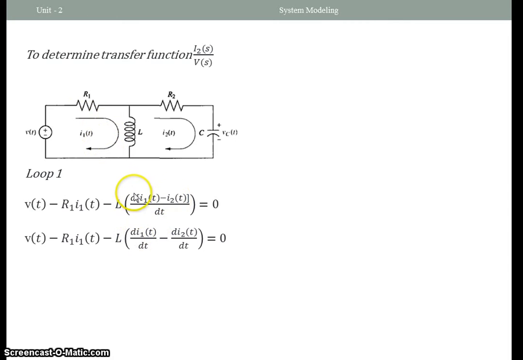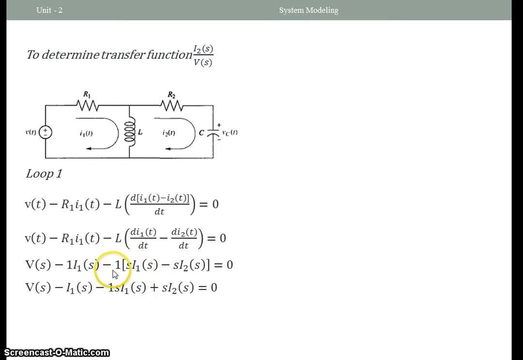So this can be expanded further as the derivative of each of the currents I1 and I2, and we can now convert this into their equivalent Laplace, knowing that derivative is just equal to S. And if we distribute this one inside the bracket, then we will have this as the expansion of loop 1.